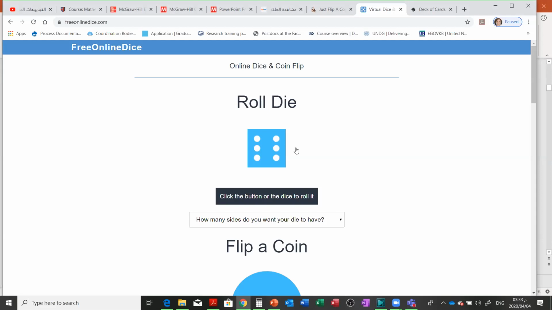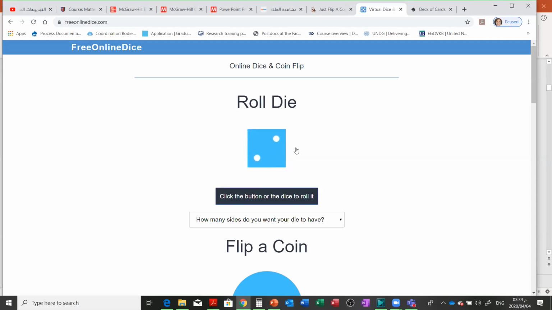So what do you think would be the probability of getting number 6 while rolling the die? If I hit this button again, what would be the probability that I would obtain number 2?